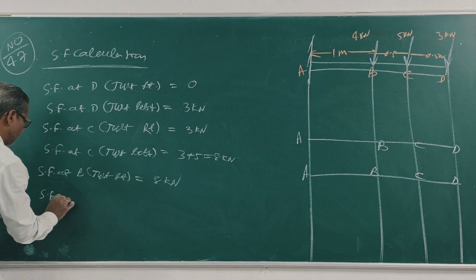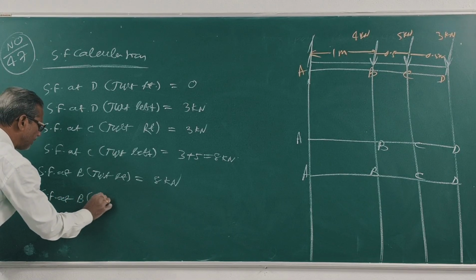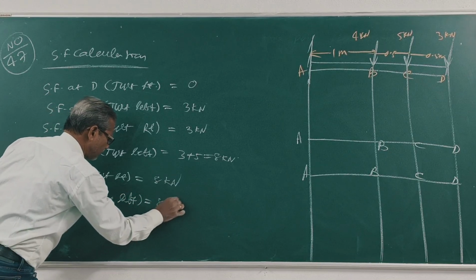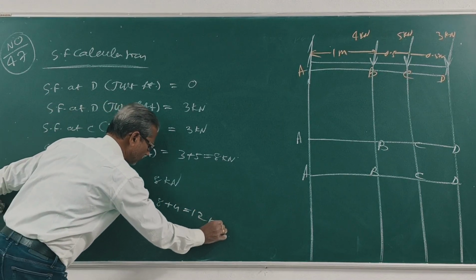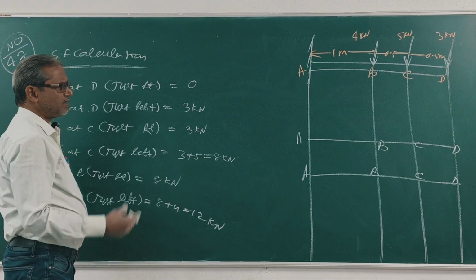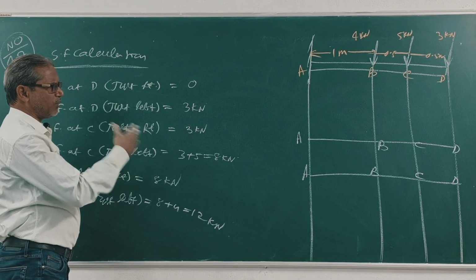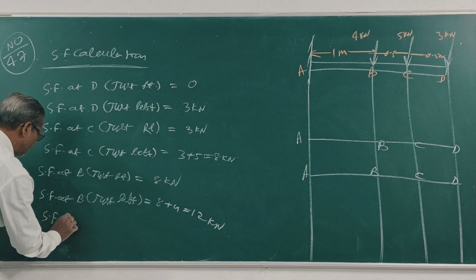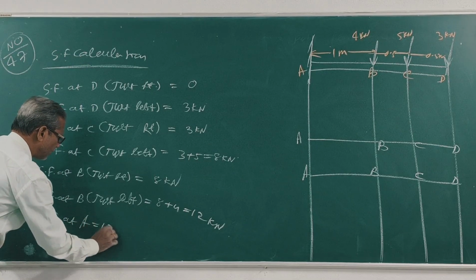Shear force at B just left is 8 plus 4, equal to 12 kilonewton. Shear force remains constant from B to A. Shear force at A is 12 kilonewton.